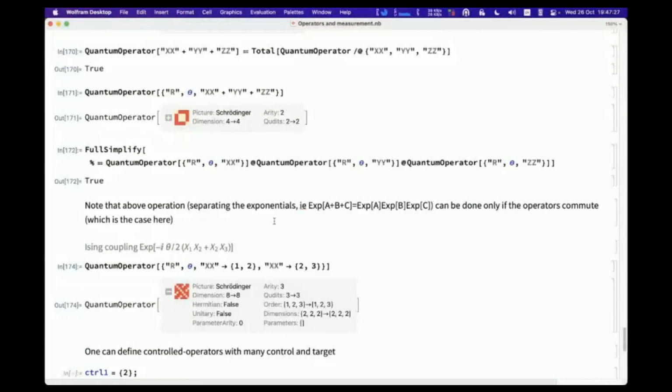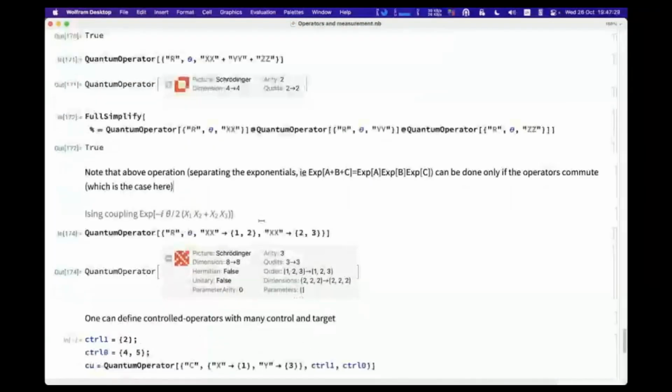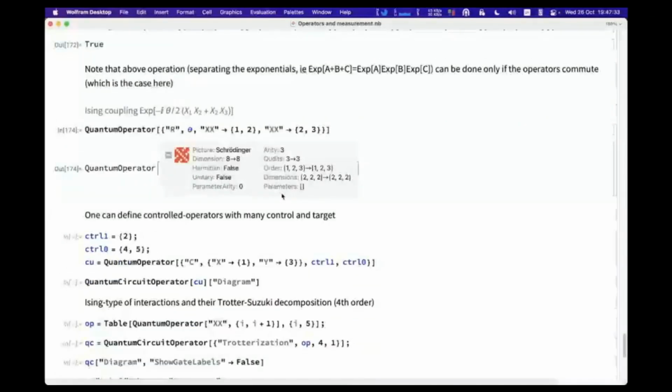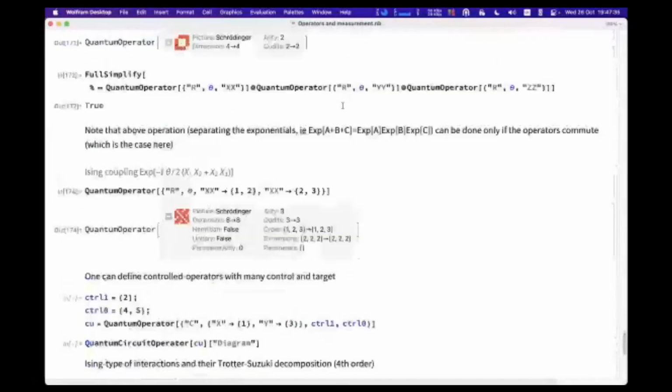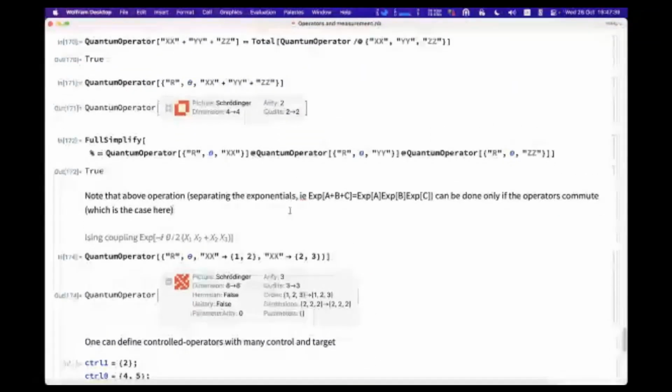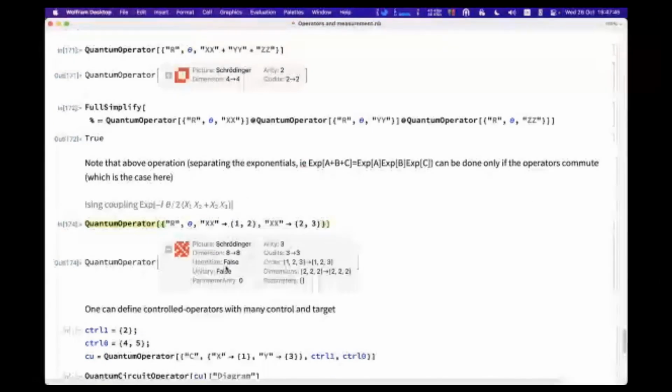Okay, so for the Ising model, you see here, you just need to specify the order. So, Nick, do you know any simpler version of showing Ising coupling? I think that's the simplest way of showing the Ising coupling. I don't think you can simplify it further.